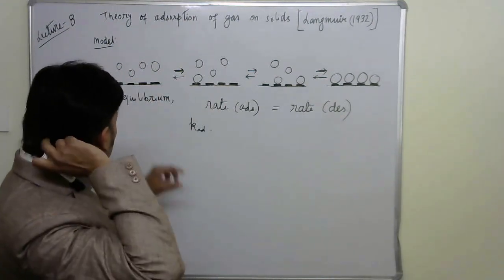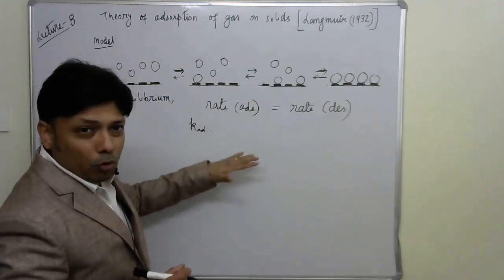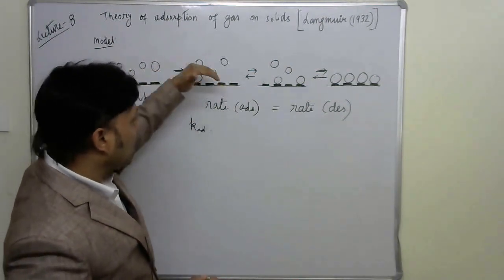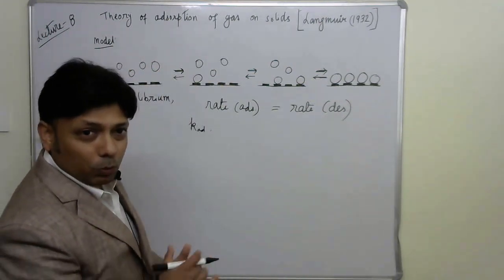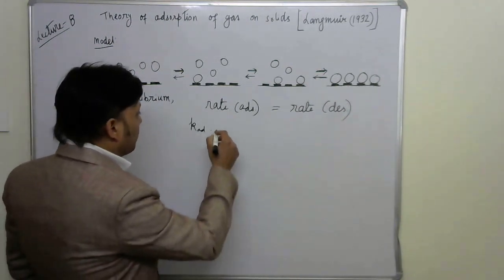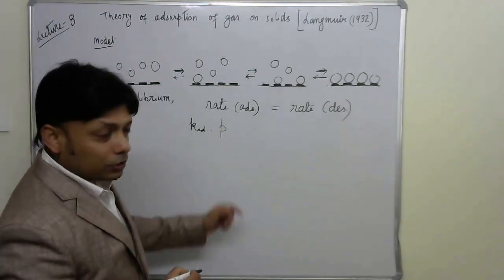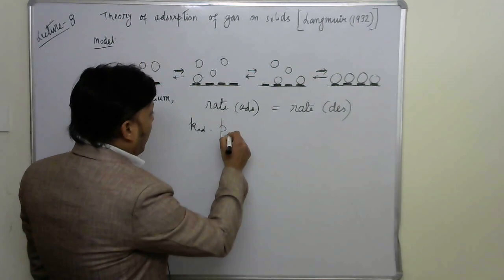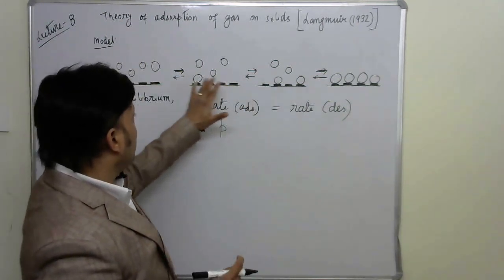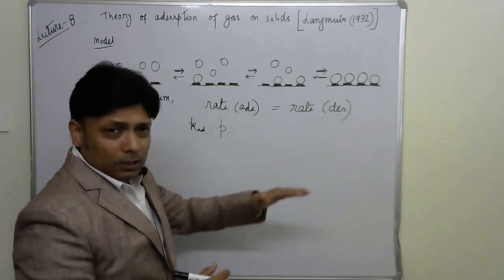We can think about what factor. The more gas molecules there are, the more the adsorption will be, because there will be more statistical probability for the gas molecules to come onto the solid surface, and the adsorption will be quicker. So we can think about the concentration of the gas molecules, or in other words, the pressure of the gas. Then multiplied by the number of vacant sites, because the more vacant positions there are, the faster the rate would be.